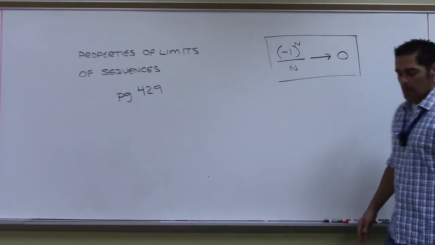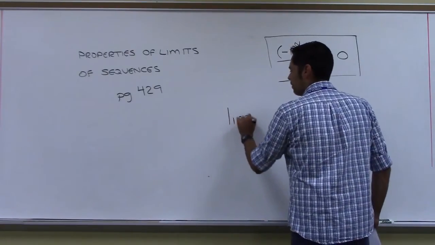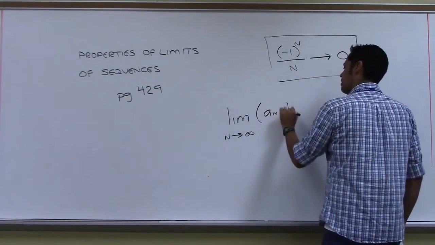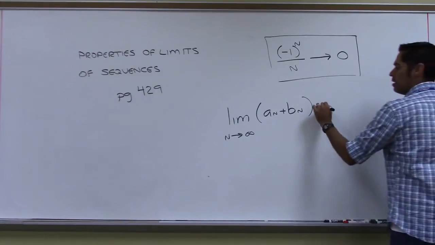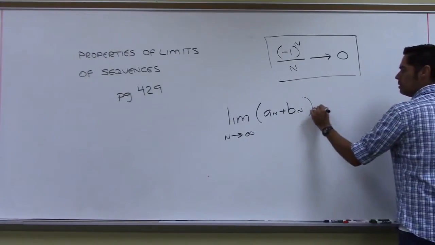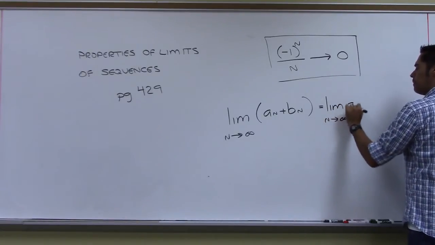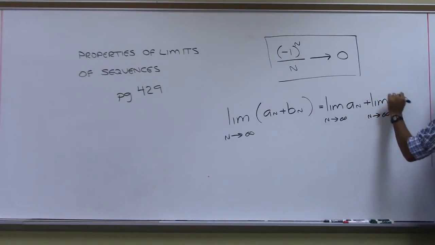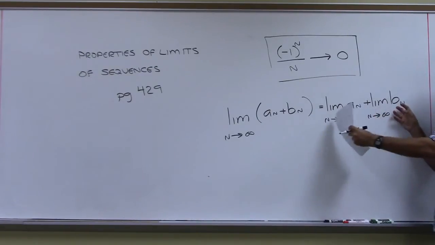All right? Things like if you have two sequences, let me give you an example of one of them. If you have two sequences, A sub n and B sub n, if you're trying to find the limit of two different sequences, what do you think you can do? Find the two limits individually, and in this case, add those results together. So if this one converges and this one converges, right, then you add those two answers together.